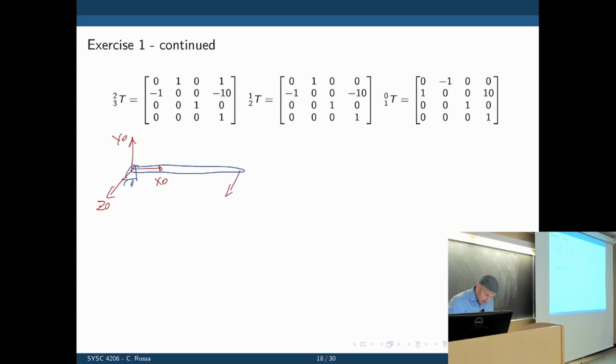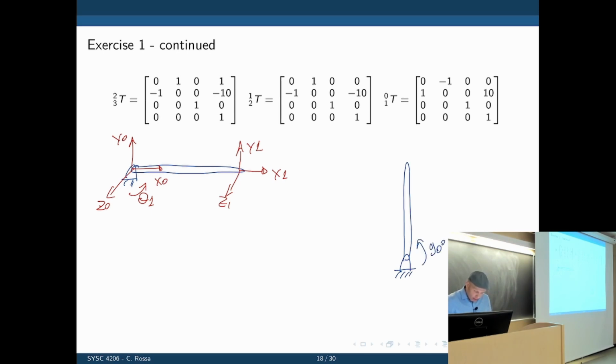And this is Z1, X1, Y1. This is now theta 1, and theta 1 was 90 degrees. So if theta 1 is 90 degrees, how does the robot look after a rotation of 90 degrees? It simply goes up.